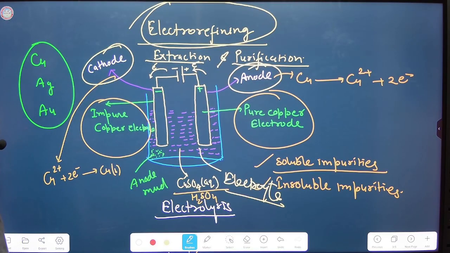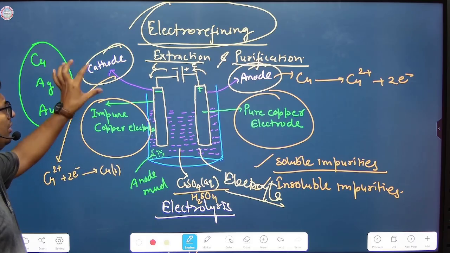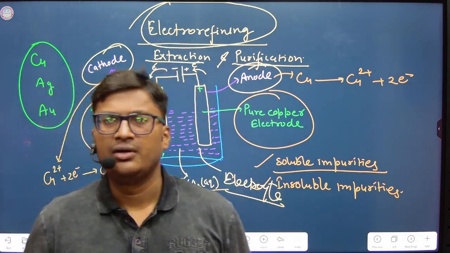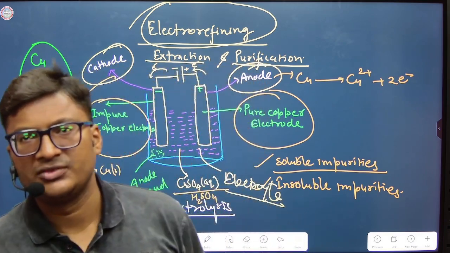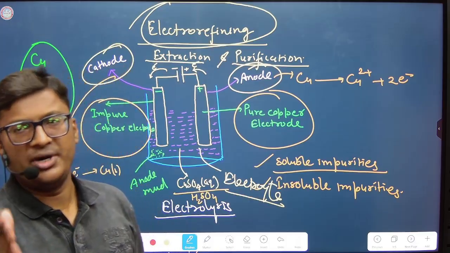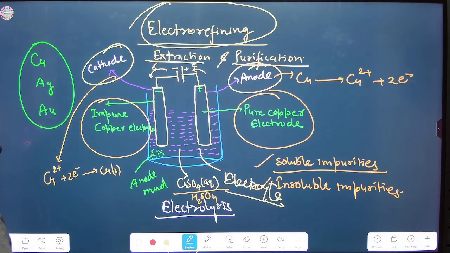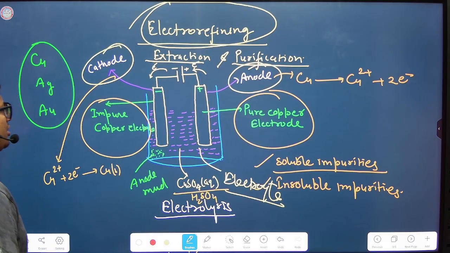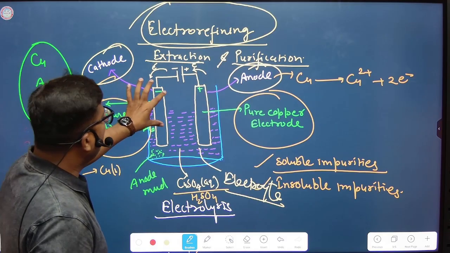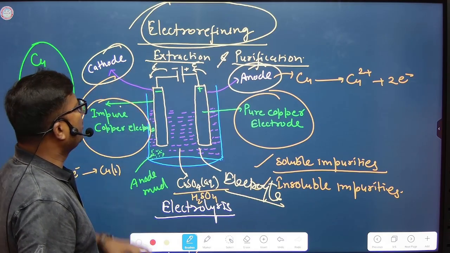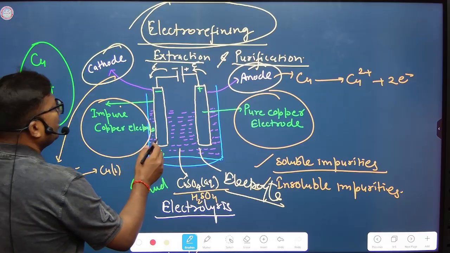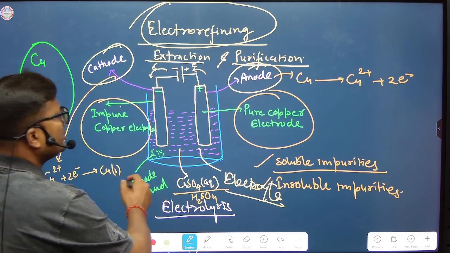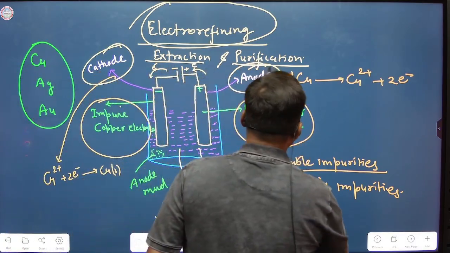In the electrorefining process, the cathode is made up of pure metal, high quality pure metal. Suppose in the case of the copper electrorefining process, it is made up of pure copper. So the cathode is pure copper.